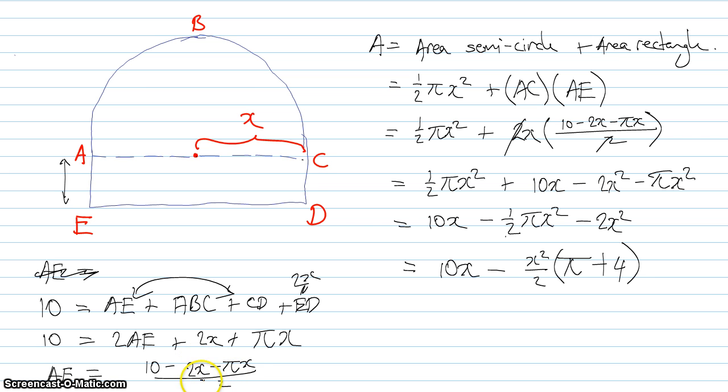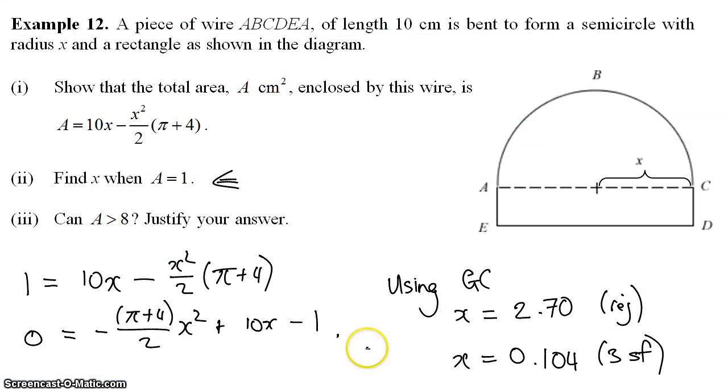If you substitute in 2.7, you can see very clearly that 2x plus pi x is going to be bigger than 10. So when you take 10 minus 2x minus pi x, it's going to be a negative number, and we can't have that. So we have to take the other value of x, in this case 0.104.